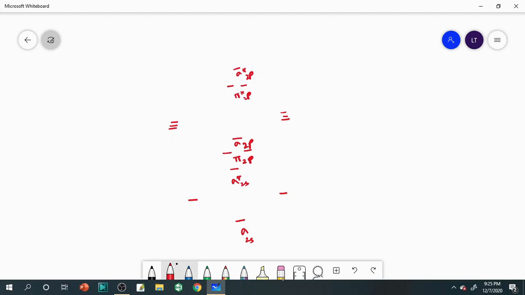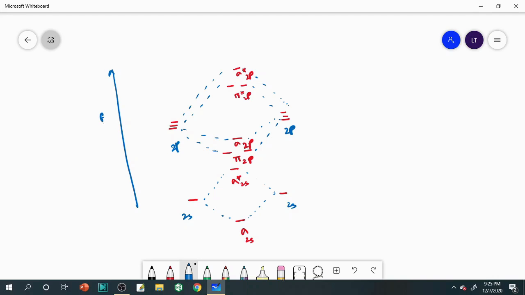Now you join all these things together, and you will get the pictorial representation of the relative energy levels from lithium to nitrogen. So this is 2s, this is 2s, this is 2p, and this is 2p, and we have drawn the energy along the y-axis.